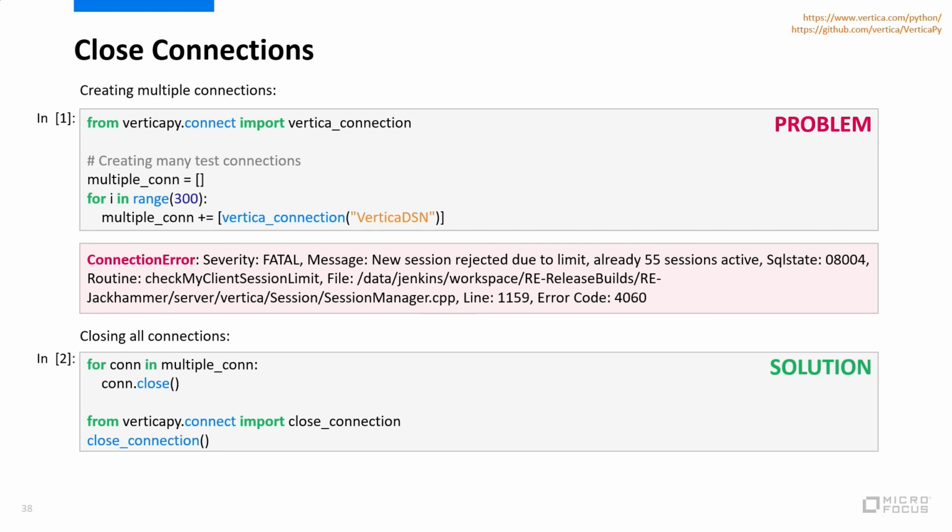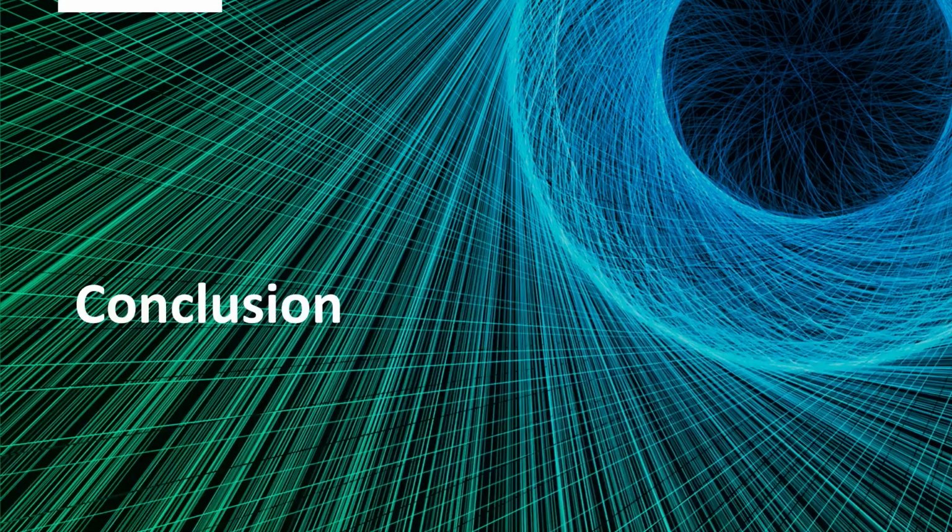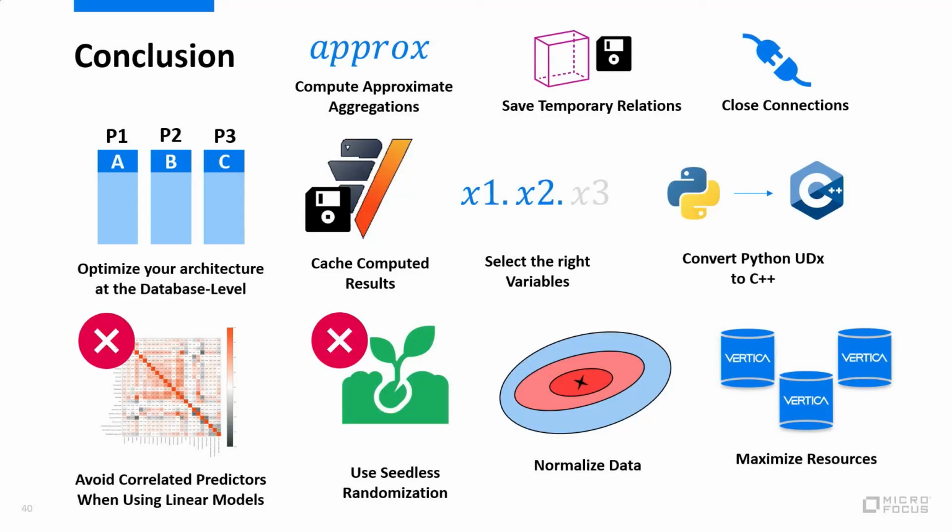For example, here I have 55 sessions that are active, so I cannot do my work because I have reached the limit in the number of sessions. So just close your connection. Just use the close function, or the close method of your connector, or just use the close connection function of VerticaPy in order to avoid these types of issues.